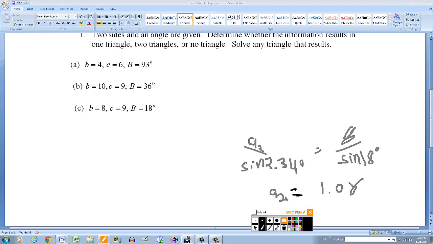So this is what you have to do when you have two triangles possible. These are examples where you're given two sides and the angle opposite one of the sides. This is the ambiguous case again, and it can lead to no triangle, one triangle, or two triangles. In this video, we looked at the case where you can have two triangles.